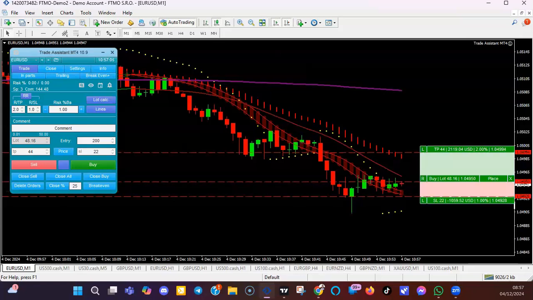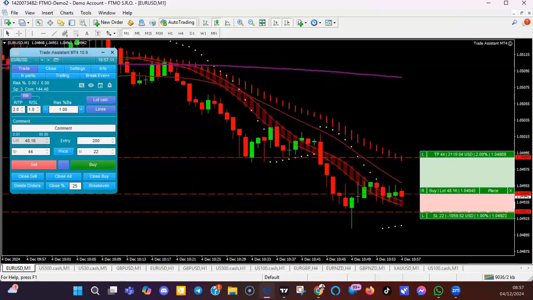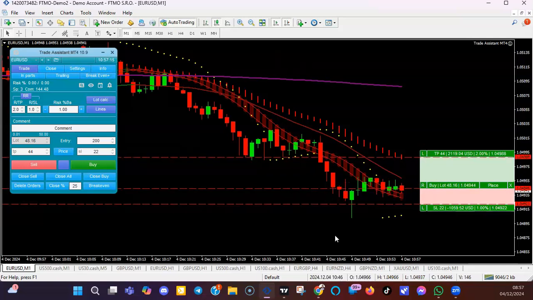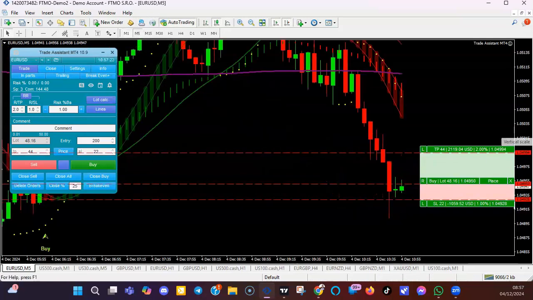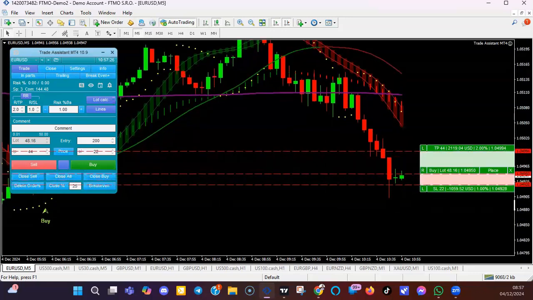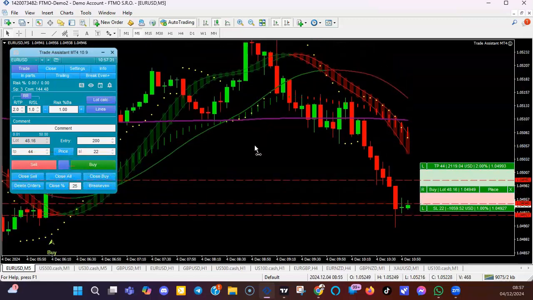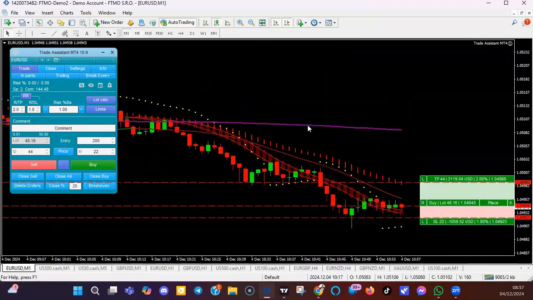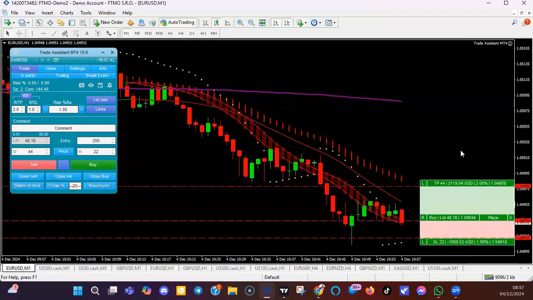I've got another 3 minutes to see if there's going to be a trade. Waiting for a buy alert because we're in the buy zone. More sideways action.